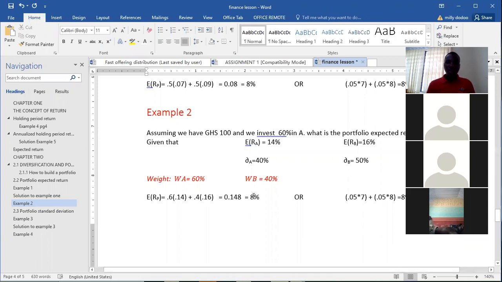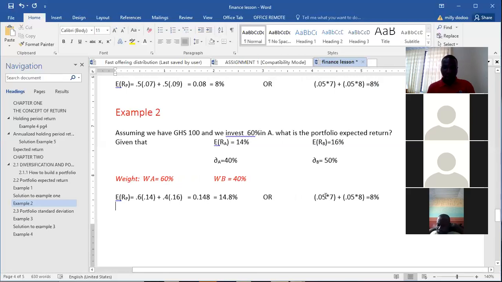When you convert it, you now get 14.8%. So at the end of the day, you can see that the answer you had is lying between the 14% and the what? 16%. It's not more than 16, and it is also not less than 14%.